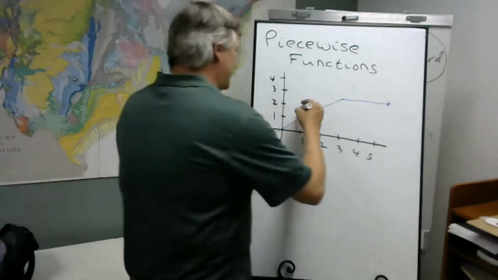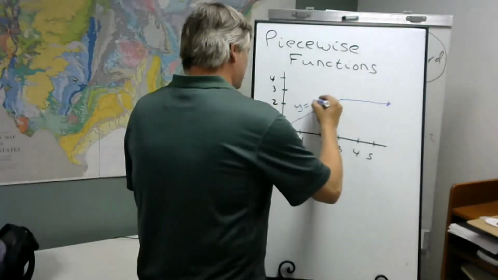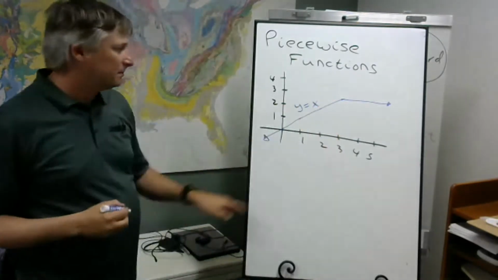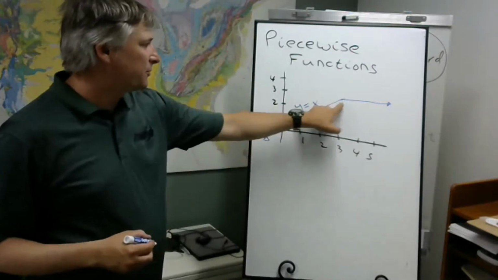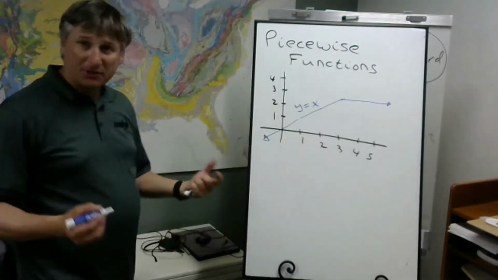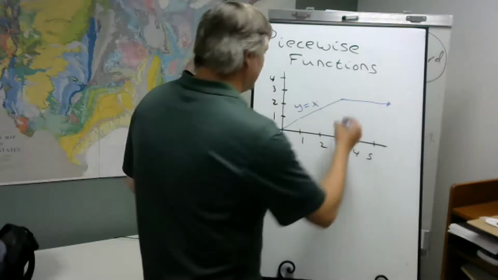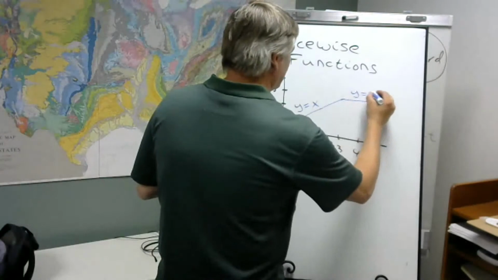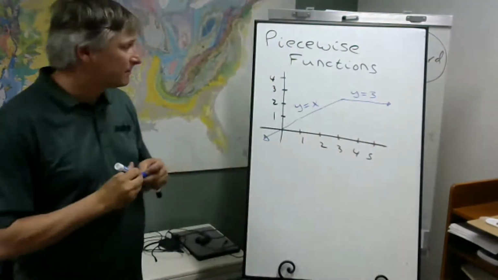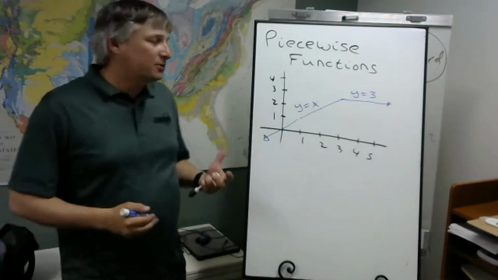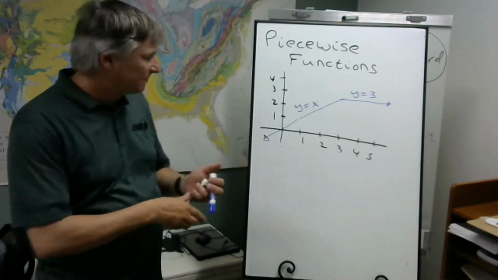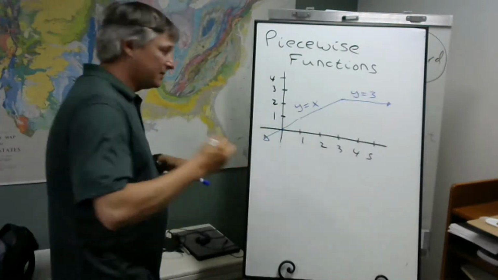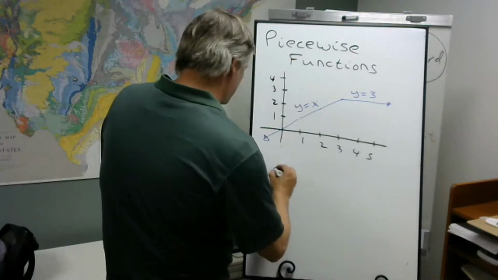Well, here we've got the function y equals x. 1 and 1, 2 and 2, 3 and 3. This is y equals x. And here we have y equals 3. So how can we describe this as a piecewise function? What we say is this. F of x will be a piecewise function.